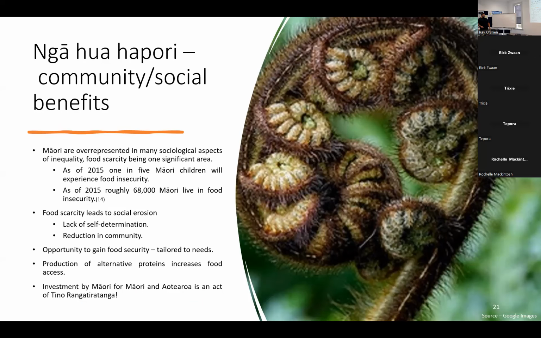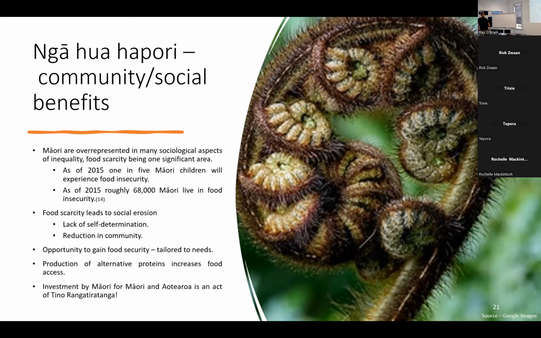So this is the area that I am probably most interested in, and that is largely in relation to the fact that there's a real issue with food insecurity amongst Māori. Māori are overrepresented in many sociological aspects of inequality, and food scarcity is a real problem.